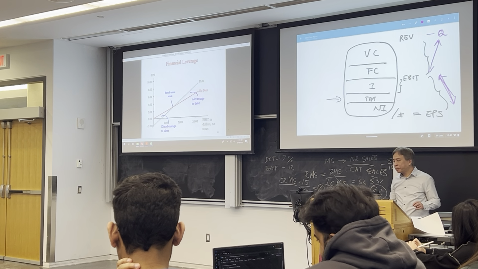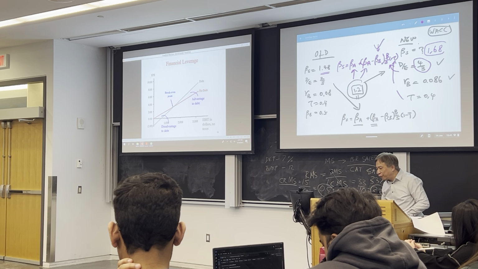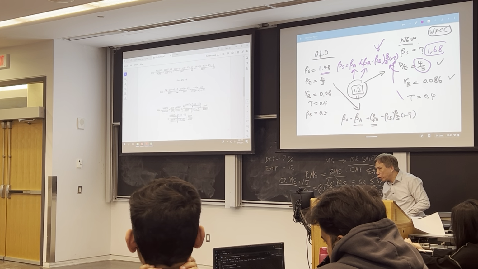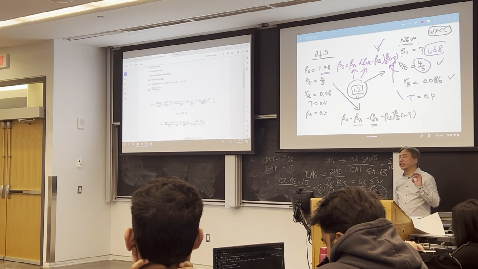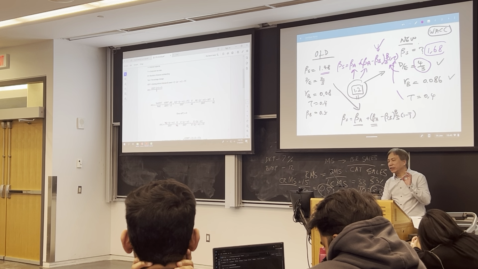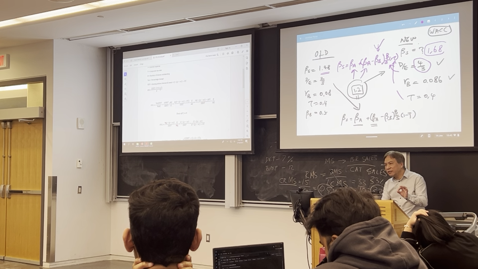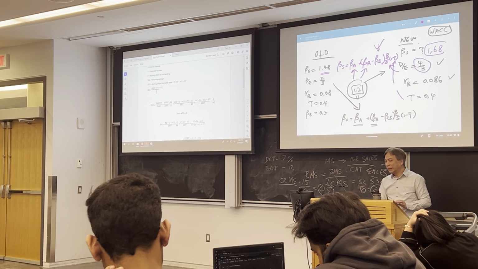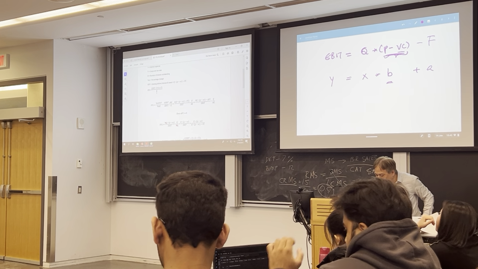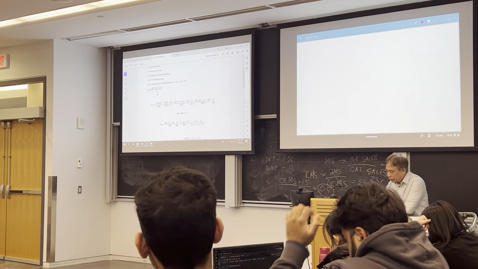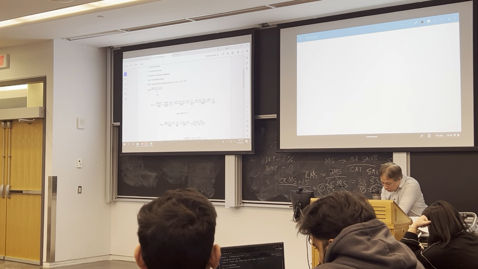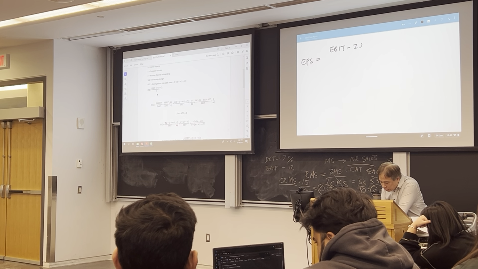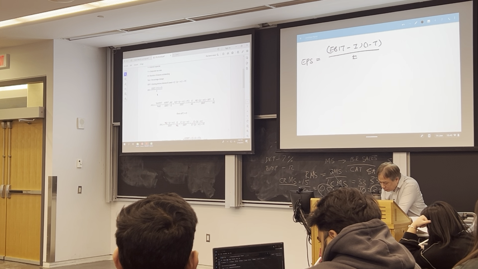If you look at the formula to calculate earnings per share, we know it is your EBIT minus interest payment, times 1 minus t for tax, divided by number of shares outstanding. So earnings per share equals (EBIT minus interest) times (1 minus T) divided by number of shares outstanding.